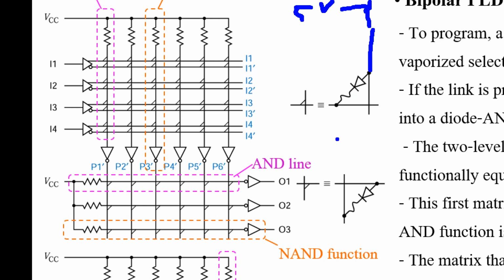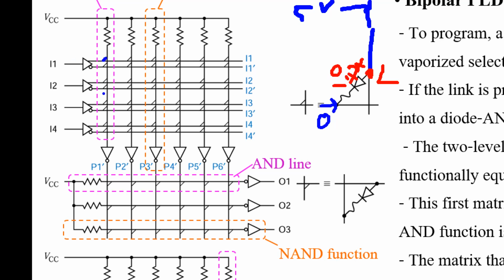That means if your input is 0, they will turn on, right? When they turn on, if the silicon diode voltage is around 0.7 volt, then this point becomes logic low.